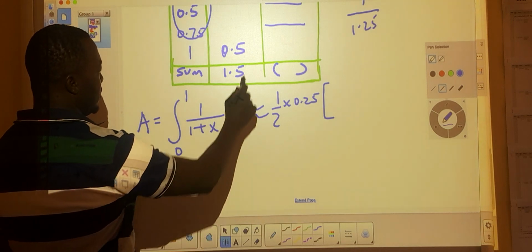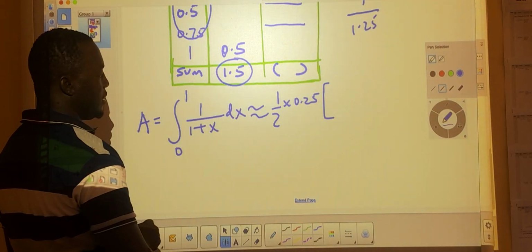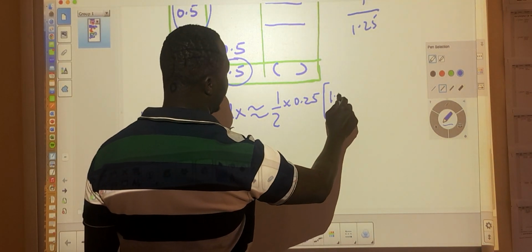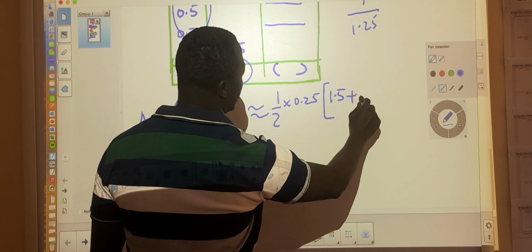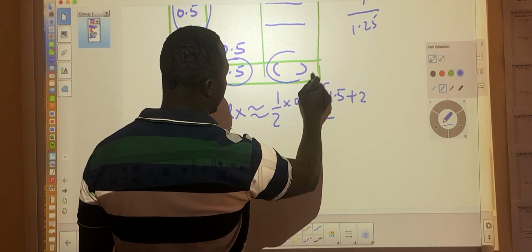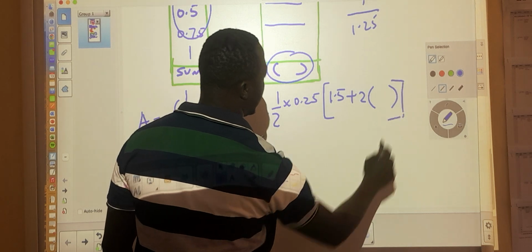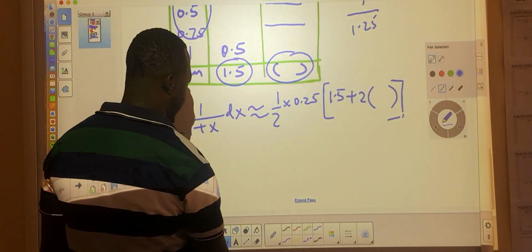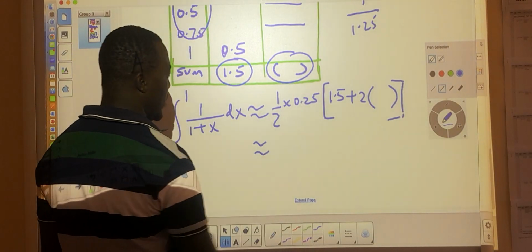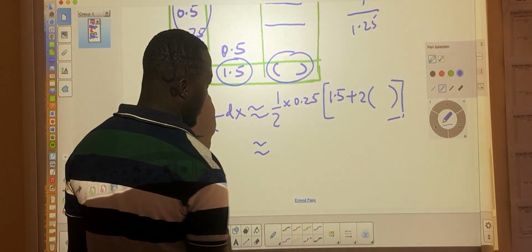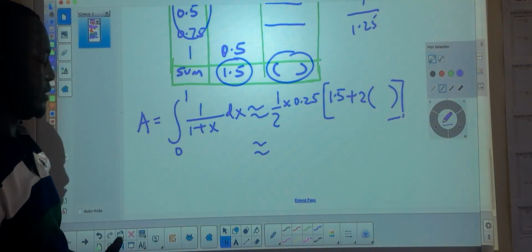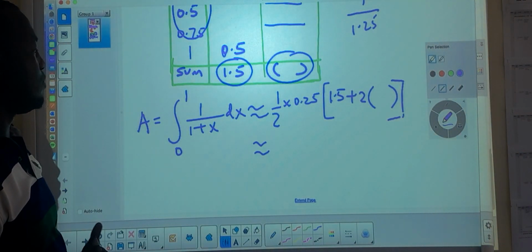This sum, the first and the last value is 1.5. Then plus twice this sum that we have gotten here, we add on it, we get that sum, then we multiply. We proceed with the working and then we write our answer. Remember, the degree of accuracy of our final answer is to 3 decimal places.